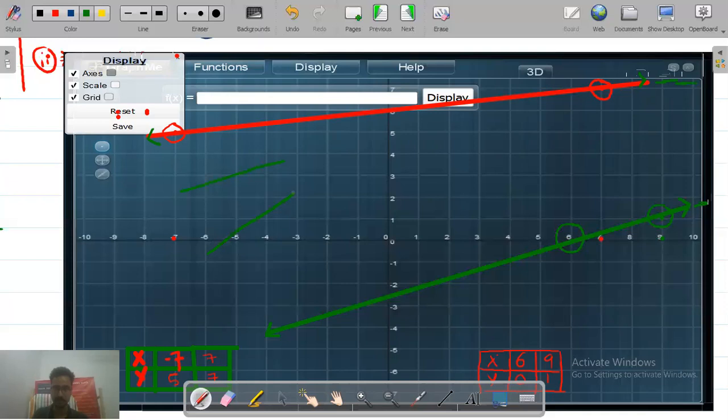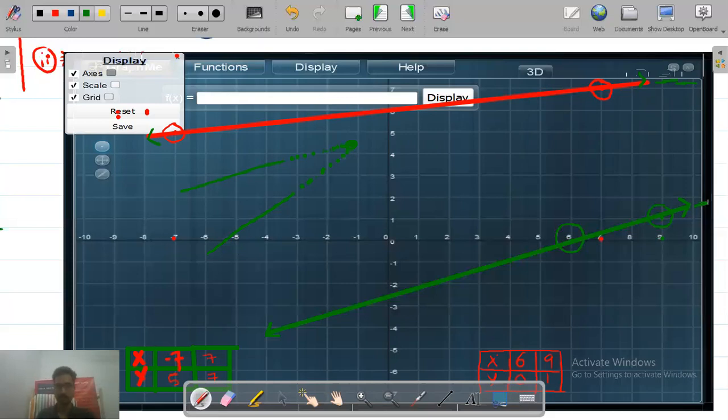That's why they will cut at some point when you extend them, because in the graph paper you can't draw so big. So that means it has only one solution, yes or no?